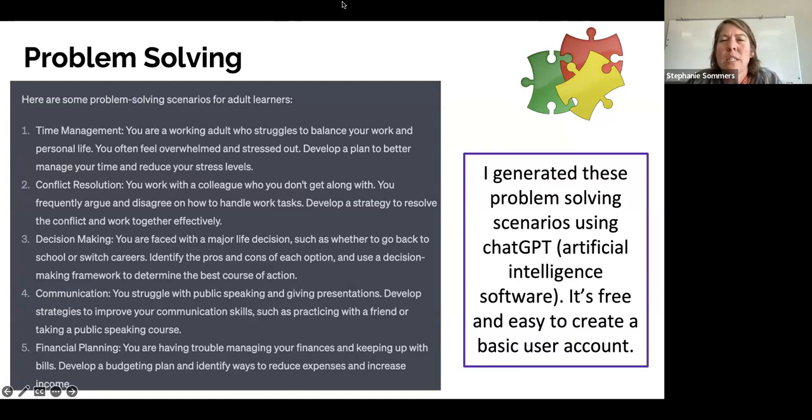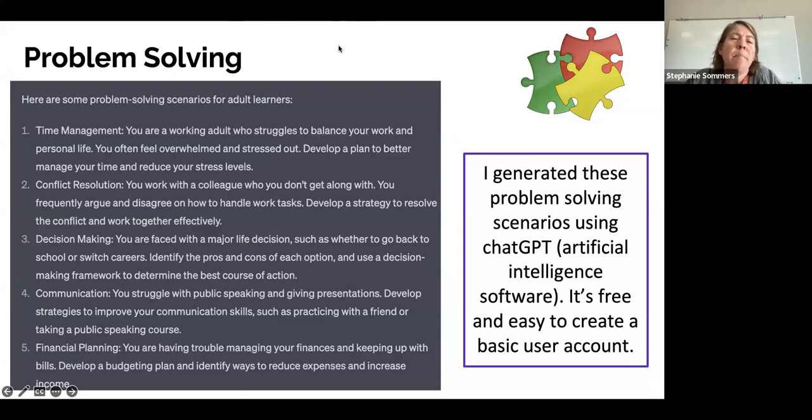The way it works is you as a user input exactly what you want the software to generate. And like most things, your input affects your output. So the more clear and detailed you can be in giving your directions to the software, the better tailored your answers are going to be. But considering that this took about 3 seconds to create, it's not bad.